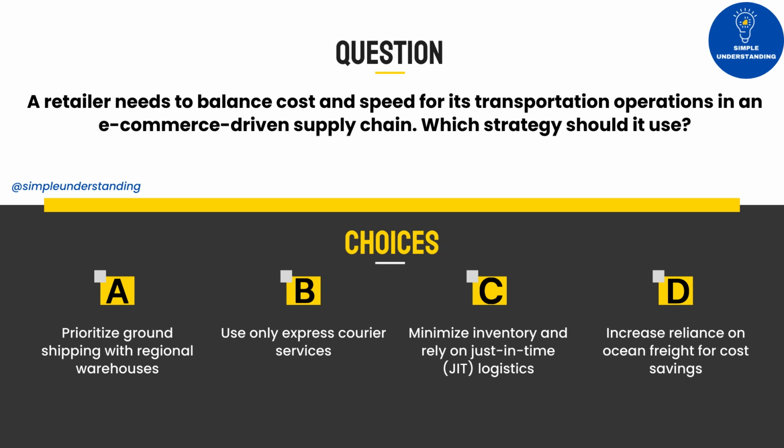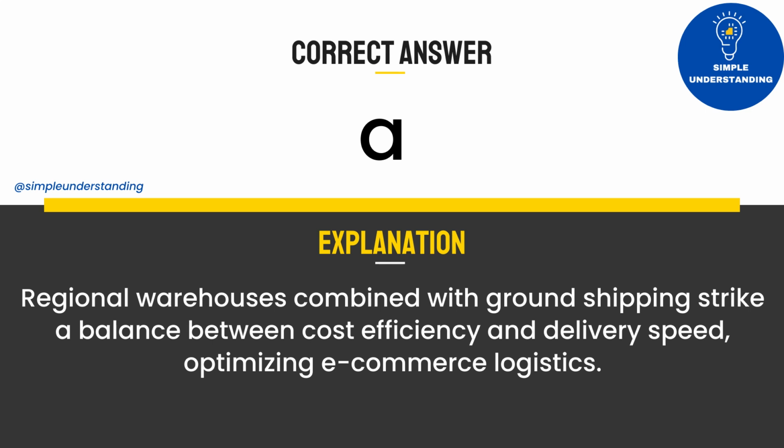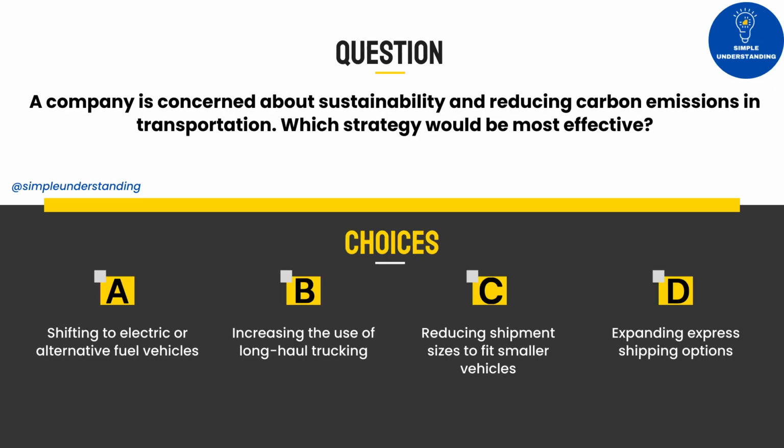D. Increase reliance on ocean freight for cost savings. Correct answer: A. Explanation: Regional warehouses combined with ground shipping strike a balance between cost efficiency and delivery speed, optimizing e-commerce logistics.